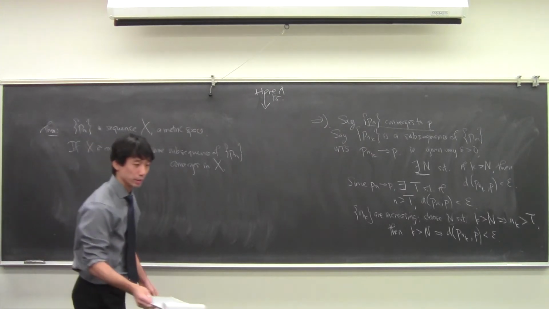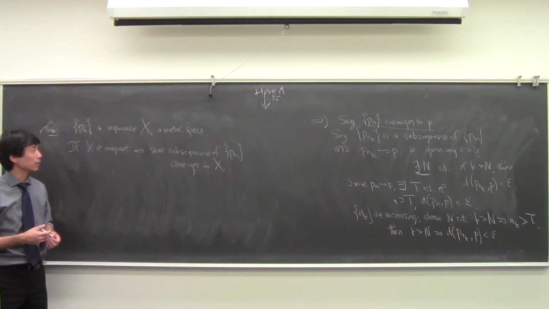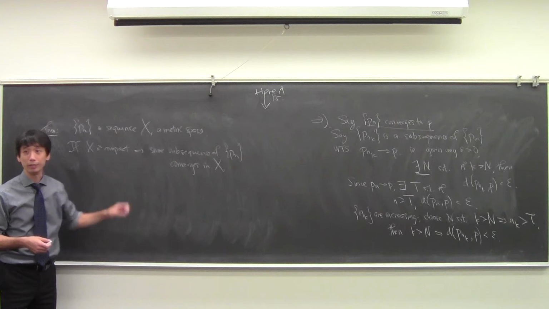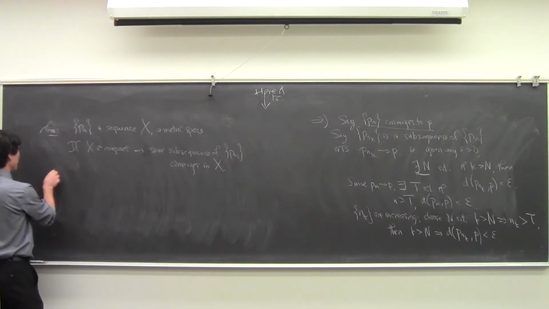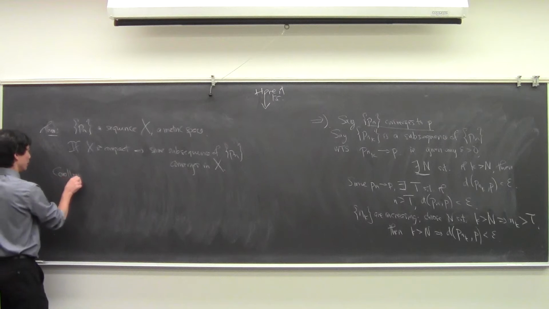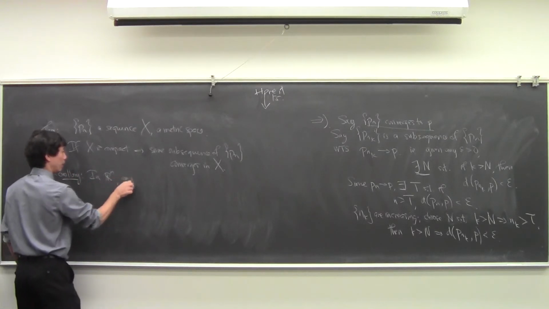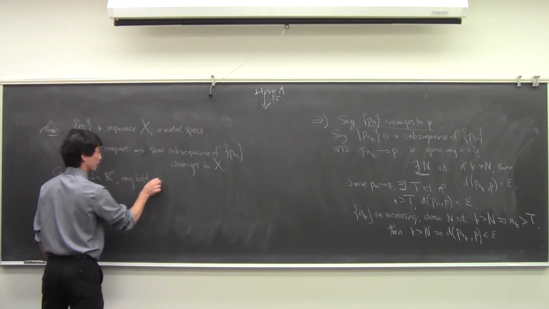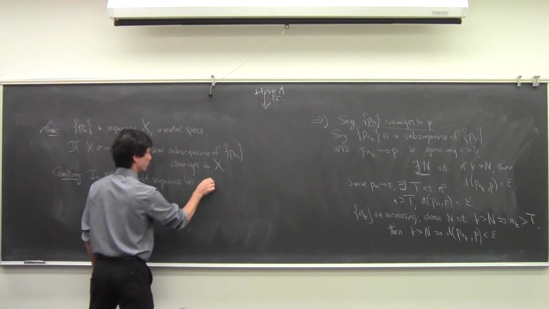So if the space is compact, then you're guaranteed a convergent subsequence. For example, as a corollary, in Rn, any bounded sequence has a convergent subsequence.